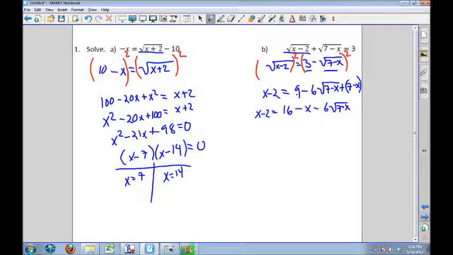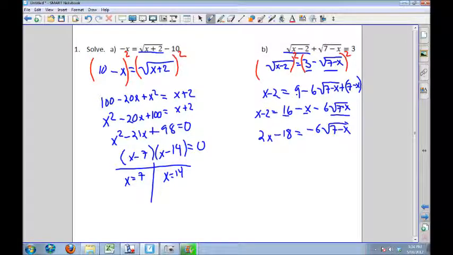Just cleaning this up so I can see things a little clearer. I'm now going to bring all my x's and constants from this side over to isolate my perfect square. When I do that, I end up with 2x minus 18 equals negative 6 square root of 7 minus x.